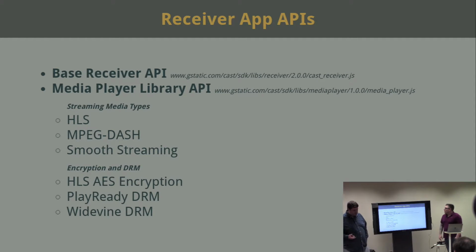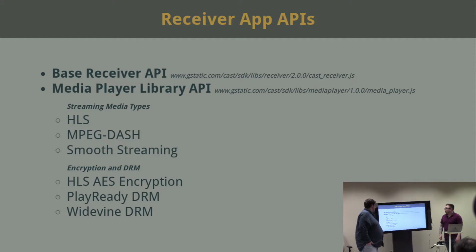So similar to the Sender app, there are two APIs that Google provides for the receiver application. One is the base receiver API. That one is needed. You can't do it without it, okay? That is the one providing all the basic interaction and communication to receive and send messages to and from the sender.